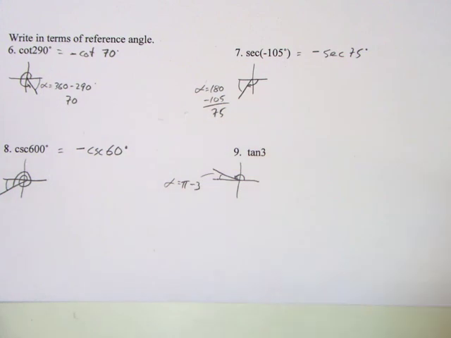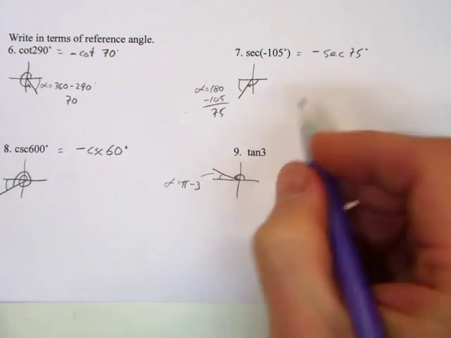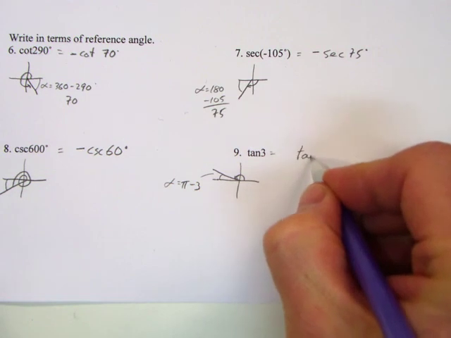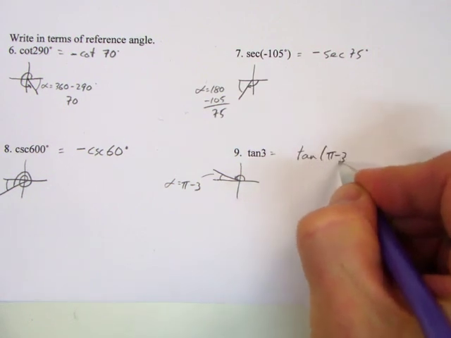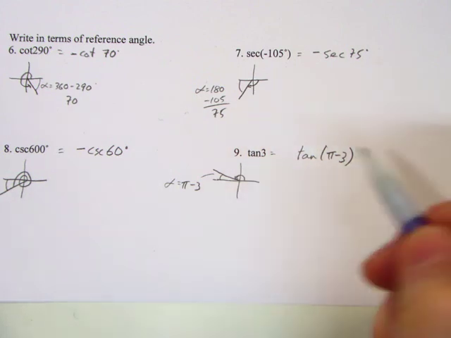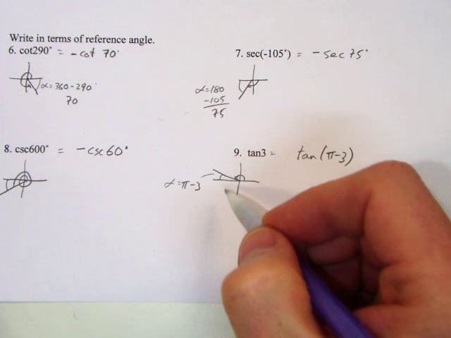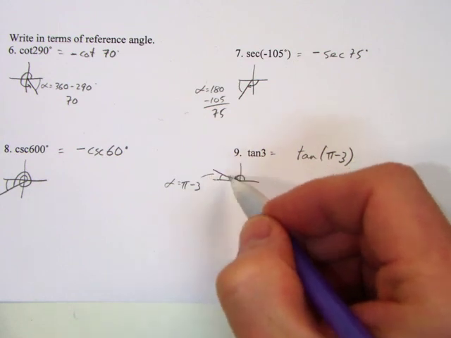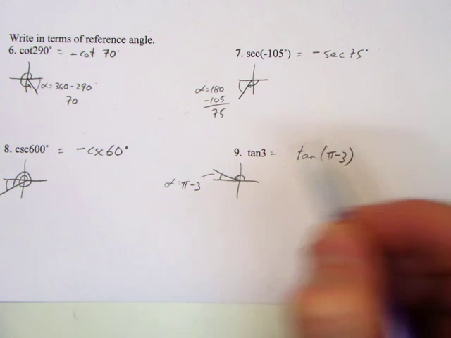That's the exact value. I want you to use that instead of some approximation. And we have tangent of pi over 3. Now we have to determine, is tangent positive or negative in the second quadrant? Well, tangent is sine over cosine. Sine is our y value. The y value is positive. The cosine is our x value is negative. A positive divided by a negative is negative.